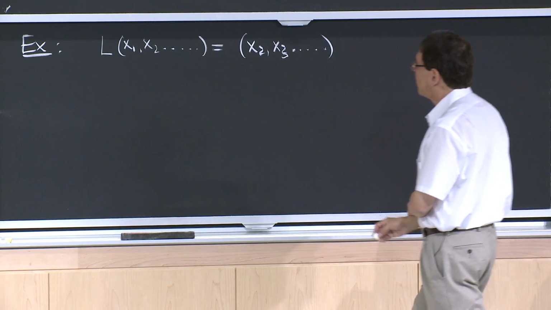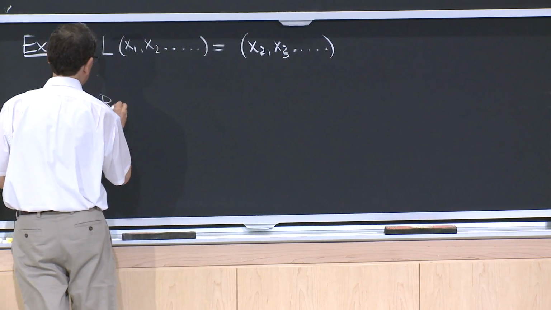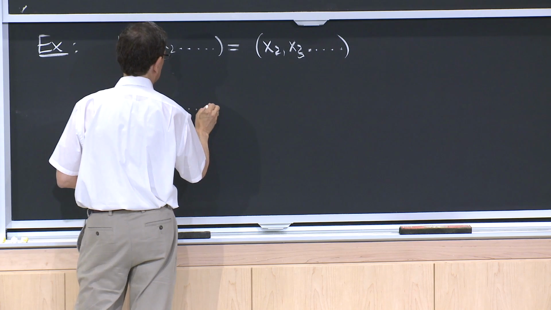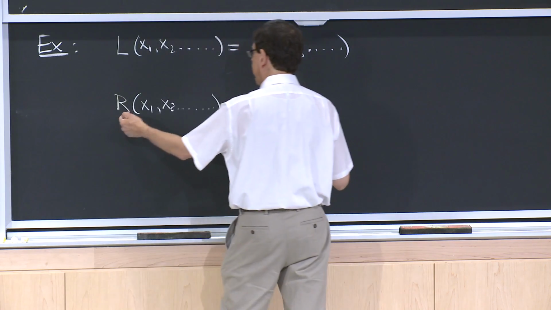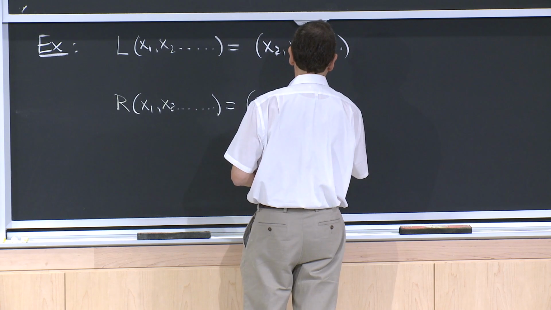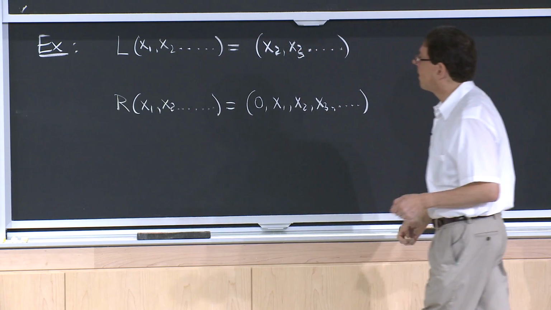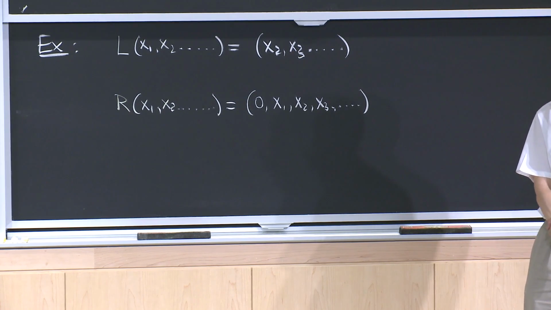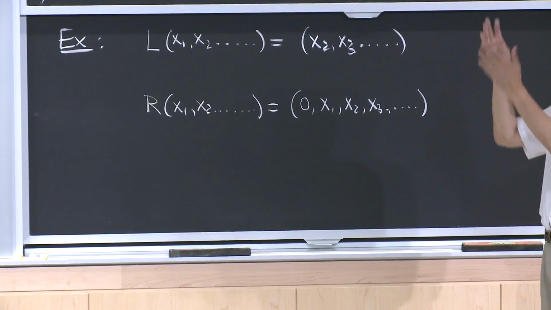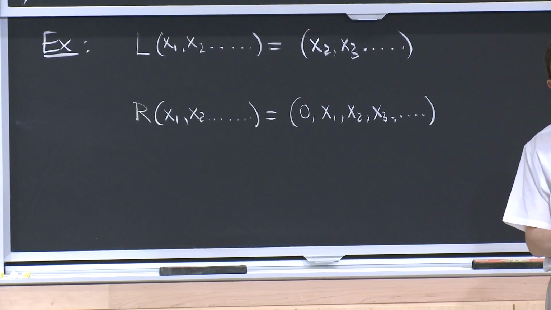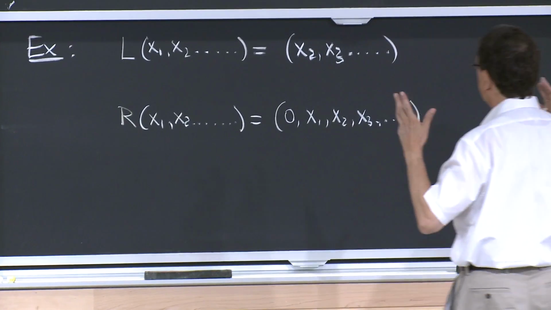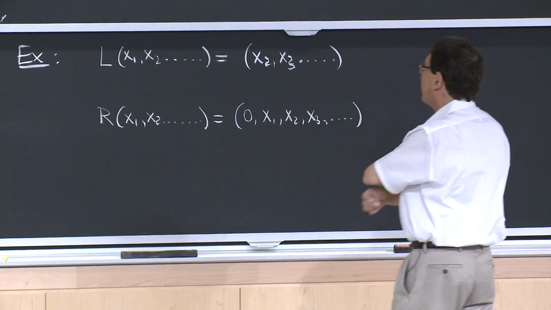And there is the right shift, which pushed the elements to the right by adding a 0 at the beginning. So those are our operators. And we can ask, how about their null spaces, ranges, injectivity, surjectivity? What are the basic properties, the most elementary important things that these operators do?